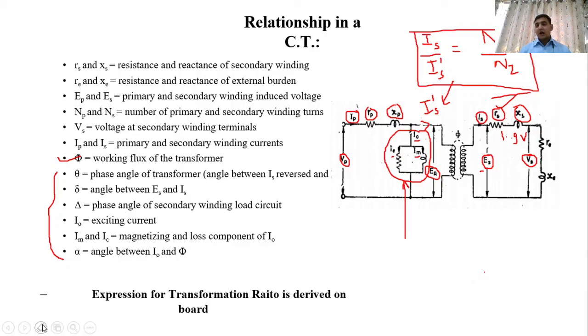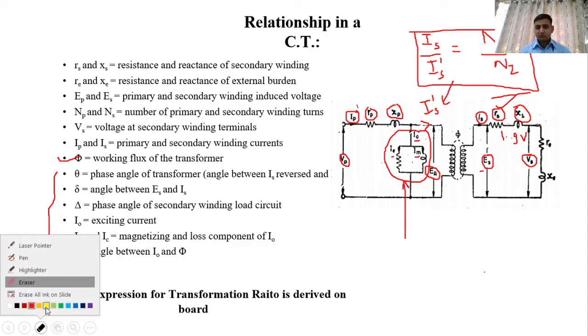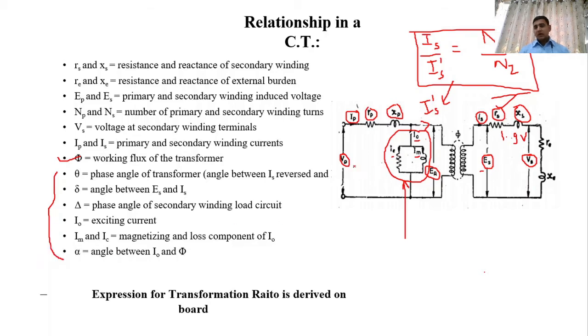This is represented in our equivalent circuit diagram by I0, the no load current, which is further divided into two components: IC, the core loss component, representing the core loss of a transformer, and IM, the magnetizing current, which gives the prominent magnetic field to our transformer. So this equivalent circuit diagram representation also has the working flux flowing in our core.